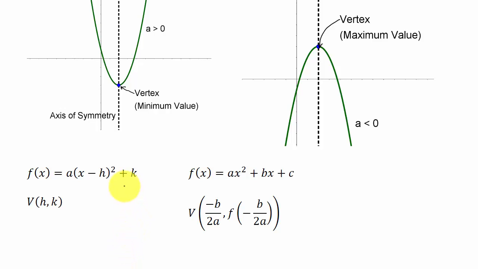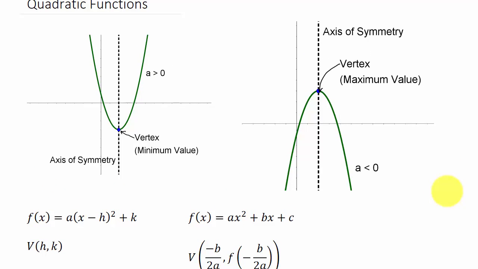Now the way we're going to graph them is we're going to find the vertex, and then we're going to find our intercepts, our x-intercept and our y-intercept. If you remember, the x-intercepts are these points here and here, where it crosses the x-axis.